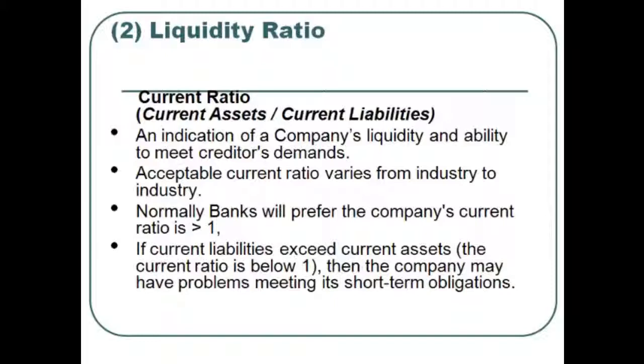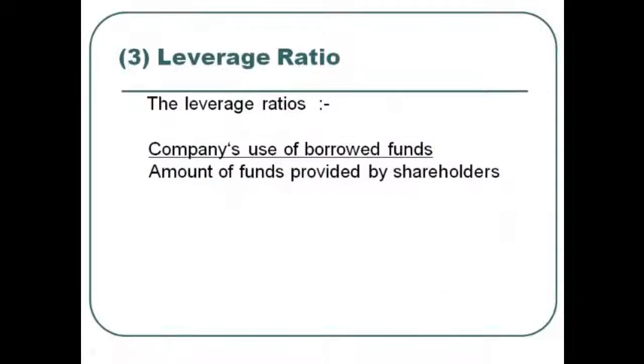Then what? They will sell fixed assets, maybe sell your house or your factory, to convert to cash to pay them. That's why in a healthy ratio, we always think it's more than 1. The current ratio must be more than 1. Okay, so the third ratio.